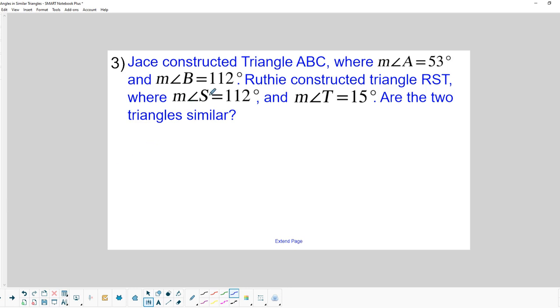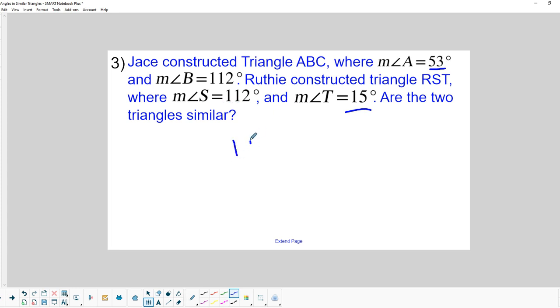So all I need to do is take Jace's triangle measures and subtract them from 180 and see if they end up being the same as that third angle on Ruthie's triangle, or I can take the two of Ruthie's measurements and subtract them from 180 to see if they equal that 53 on Jace's. So let's just go ahead and do that.